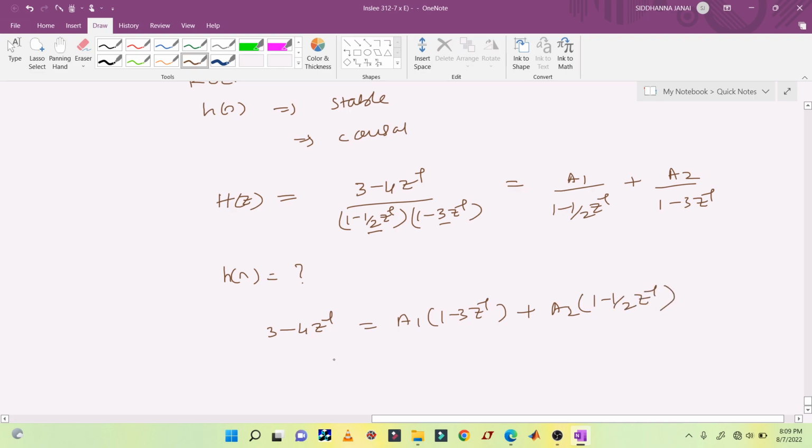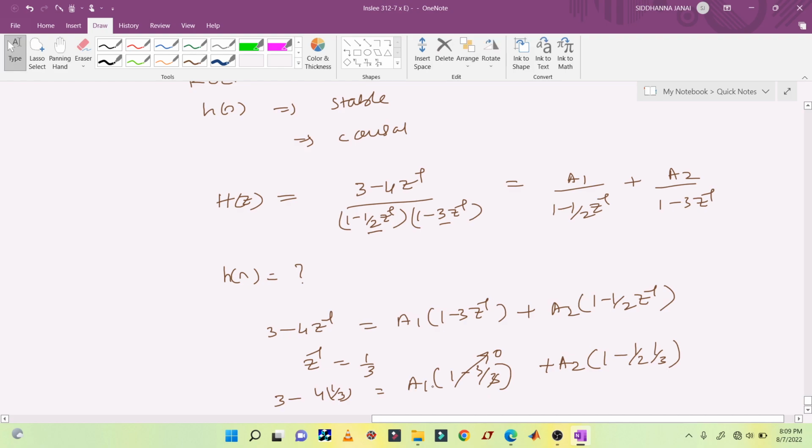Now if you substitute z^-1 = 1/3, what you will get is 3 - 4 × 1/3 = A1(1 - 3/3), so this is 0, + A2(1 - 1/2 × 1/3).